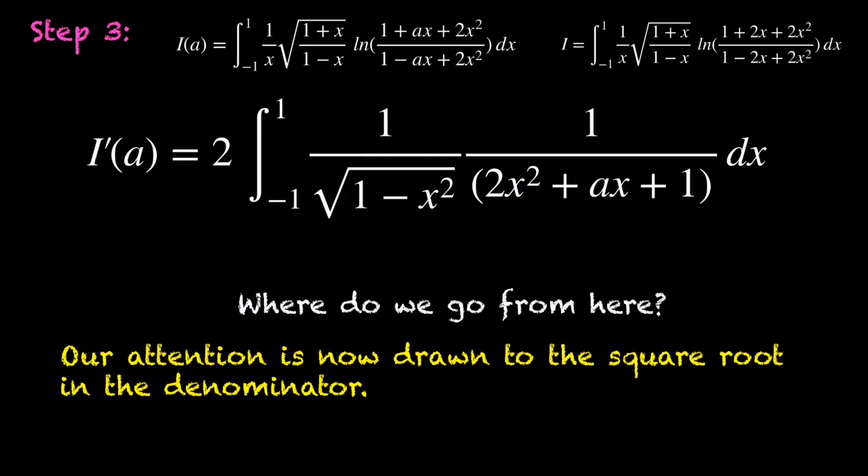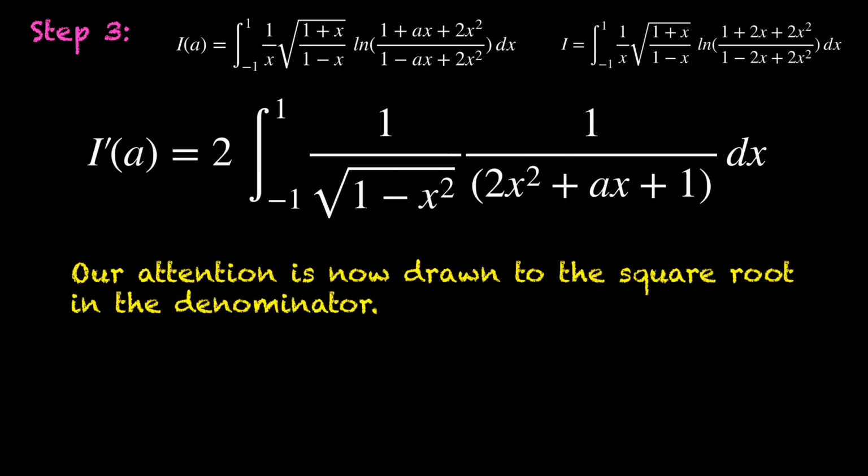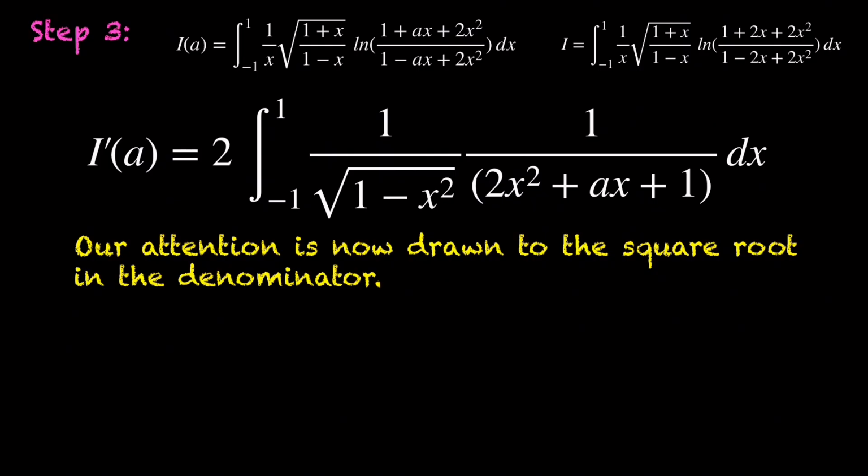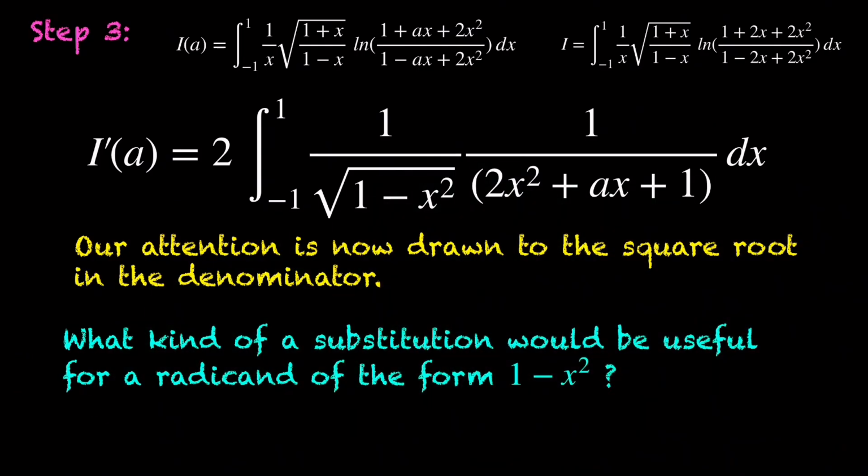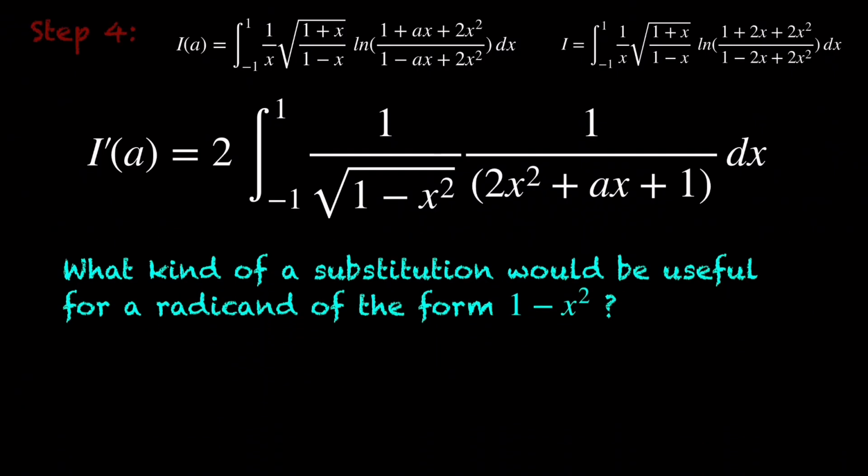Our attention is now drawn to the square root in the denominator. What kind of substitution would be useful for a radicand of the form 1 minus x squared? Think about it.